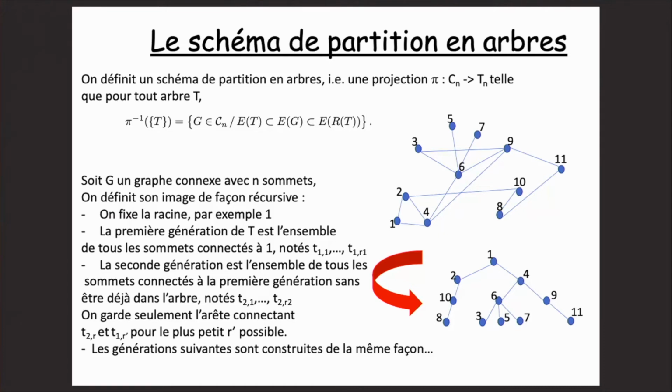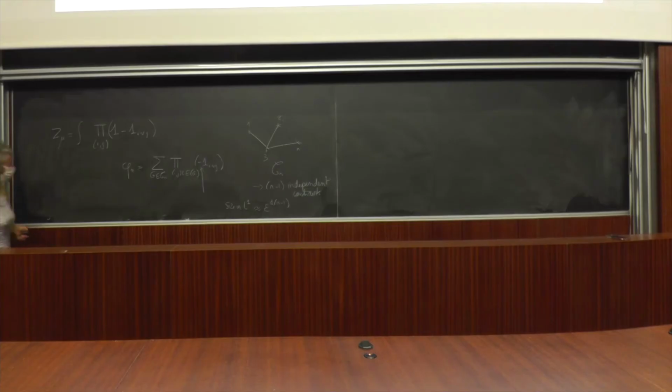So, the good thing is that if you look at this mapping pi, at the pre-image of one tree, essentially, the edges of these graphs, of course, should contain all the edges of T. So you don't expect to send this graph here.